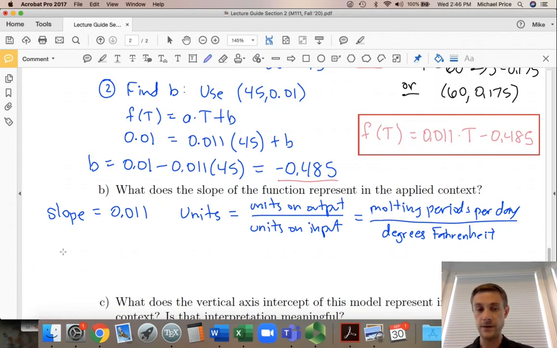So here's my template. It might look something like: for each additional one, and then we kind of want to play Mad Libs with this. Blank, blank. So these two pieces are basically for each additional one, and then we're looking at input and our input units.